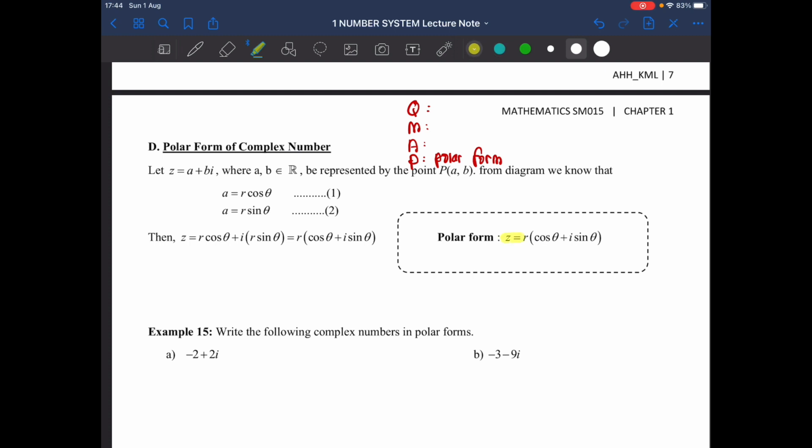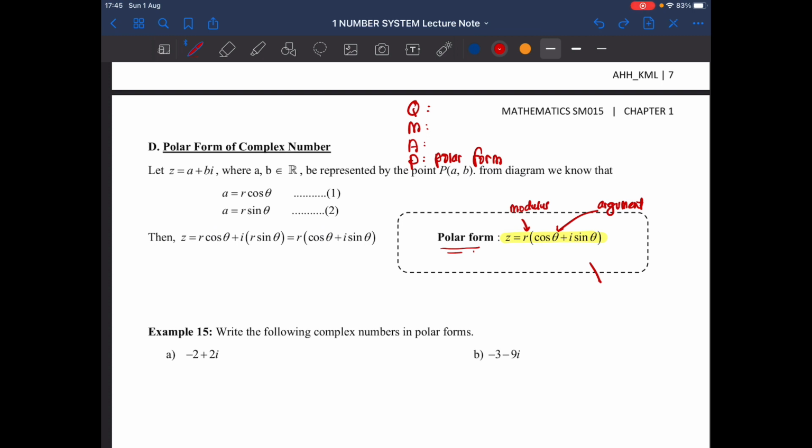Z is equal to R times cos theta plus i sin theta. Simply, R here is the modulus, so we must find the modulus first. Theta here is the argument. So the whole thing here is the polar form. Alright.